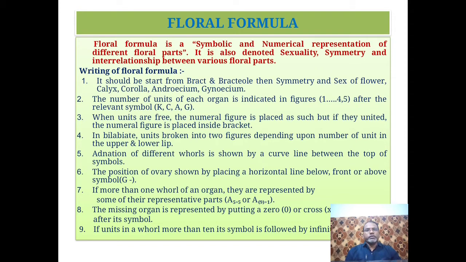If there is more than one whorl of an organ, they are represented by some of their representative parts. A missing organ is represented by putting a 0 or a cross symbol after its symbol. If units in a whorl are more than 10, the infinity symbol is used.